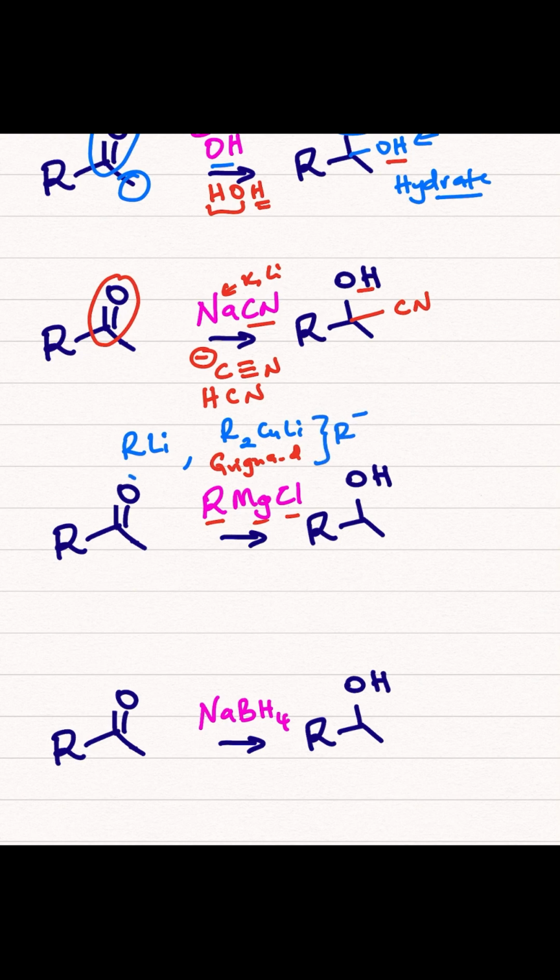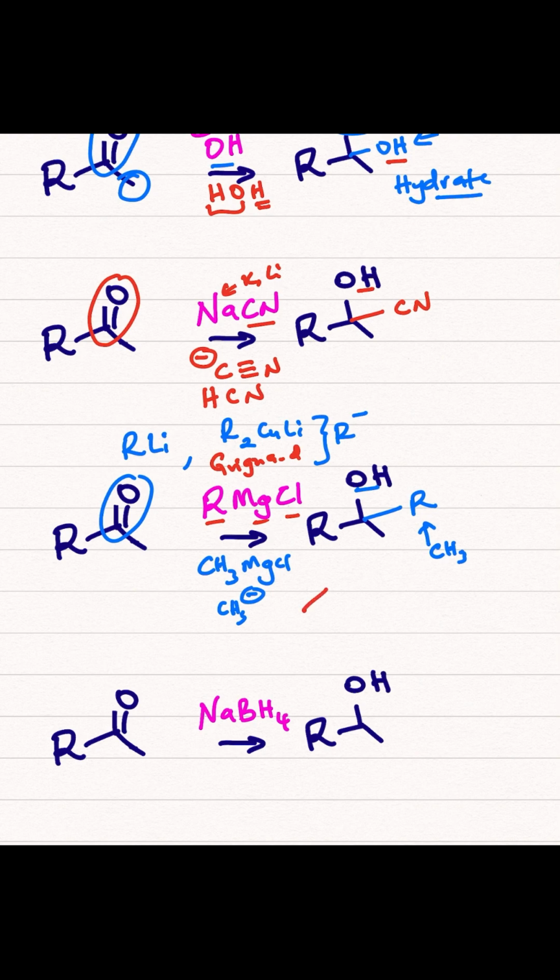And as we mentioned, the carbonyl is reduced to an alcohol, and now you end up adding the nucleophile, which in this case is going to be an alkyl group. So for example, if you use CH3MgCl, then instead of that R, you end up adding the CH3 because the nucleophile here is CH3 minus.